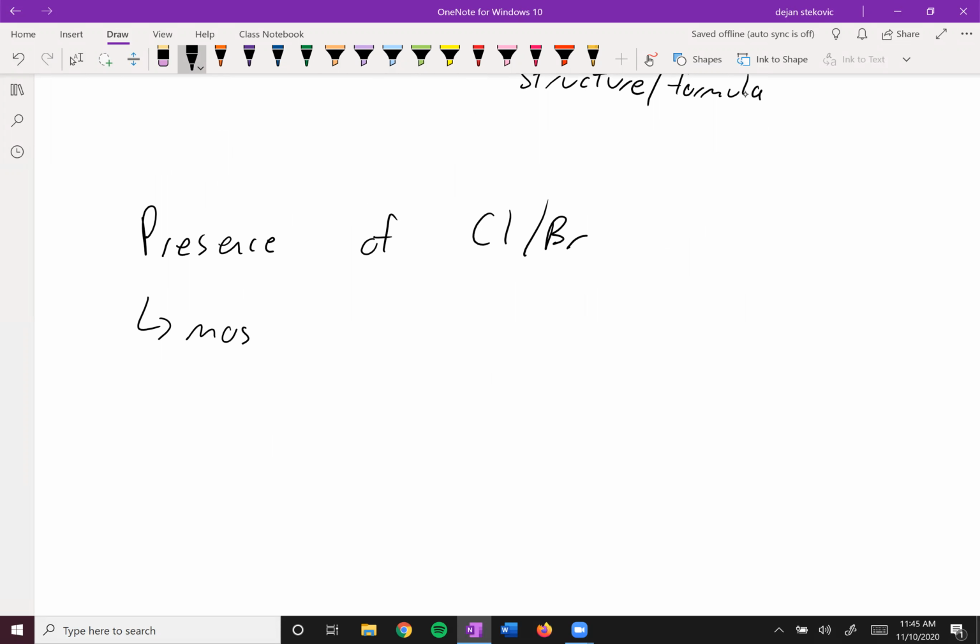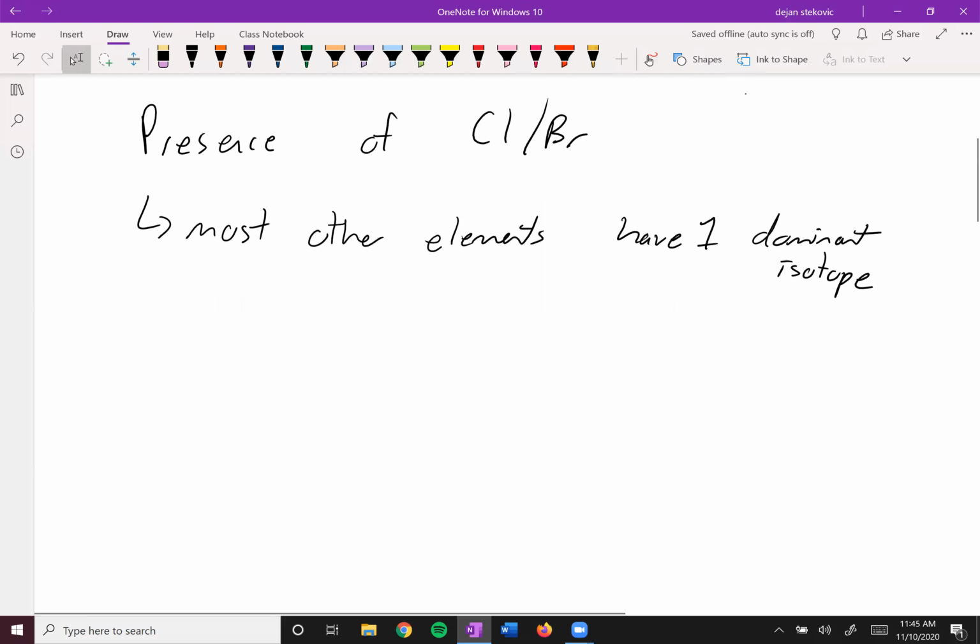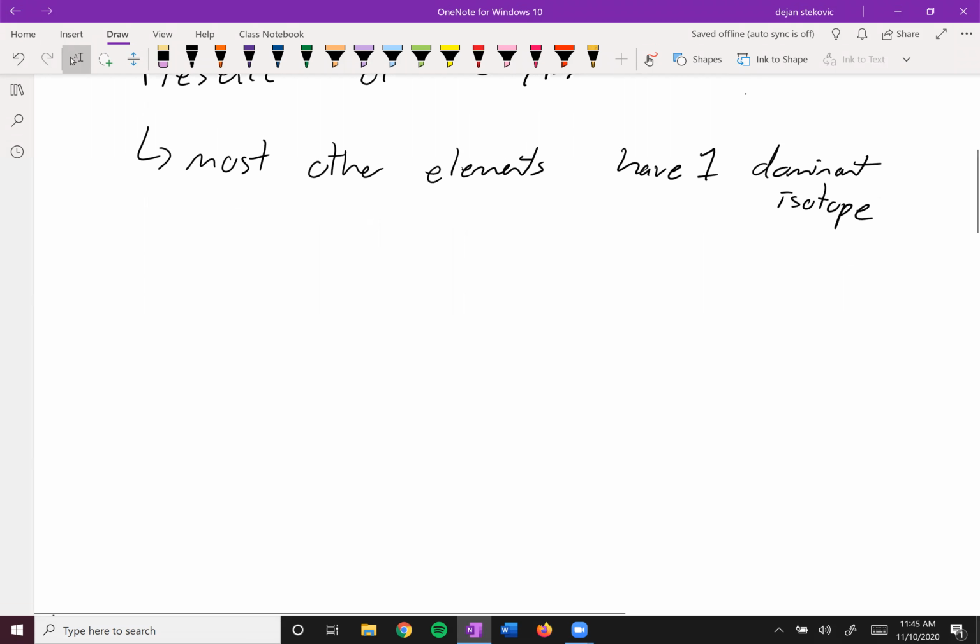Most other elements have one dominant isotope. Even carbon's a little bit weird in that there's a whole 1% that's a different isotope. Most other elements that we see, there's one dominant isotope, and then the other isotopes make up a fraction of a percent of the remainder.